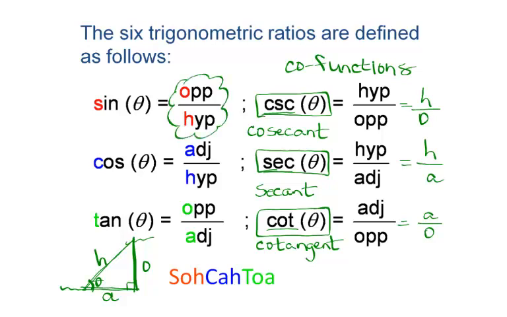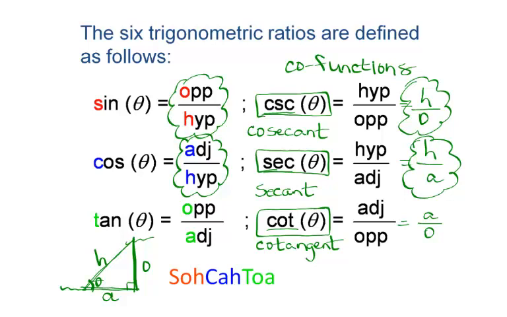What cofunction relationship exists between sine and cosecant? Do you see any relationship there? How about, is it the same relationship between cosine and secant? And is it the same relationship between tangent and cotangent?